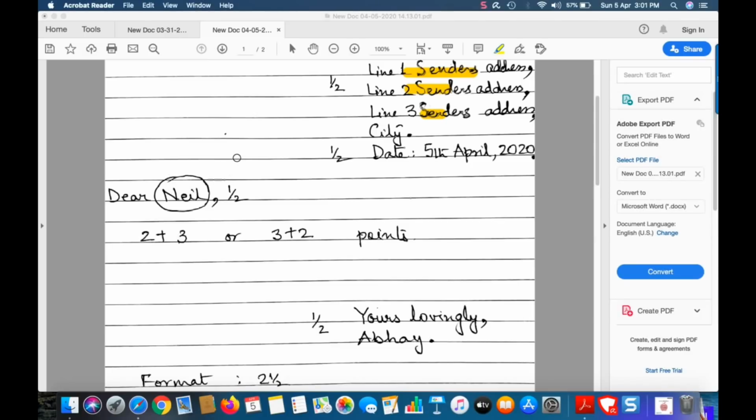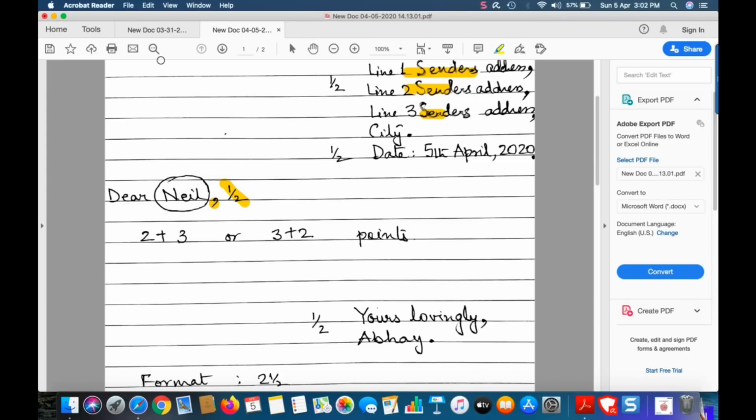The question may say, write a letter to your friend, and if you write here, dear friend, or dear XYZ, or dear ABC, this half mark is gone. You will have to write a name, dear Sunil, dear Neil, dear Anita, whatever, followed by a comma. This comma is important. If this comma is missing, again, you lose this half mark.